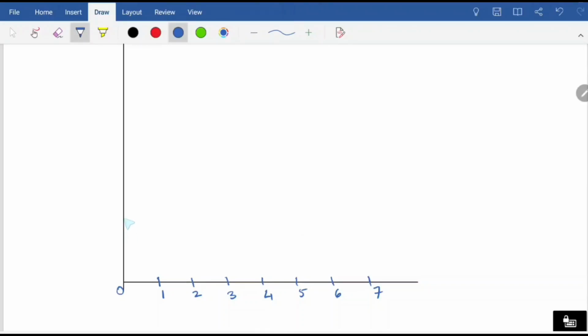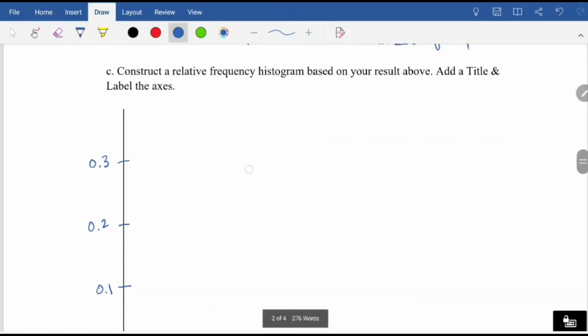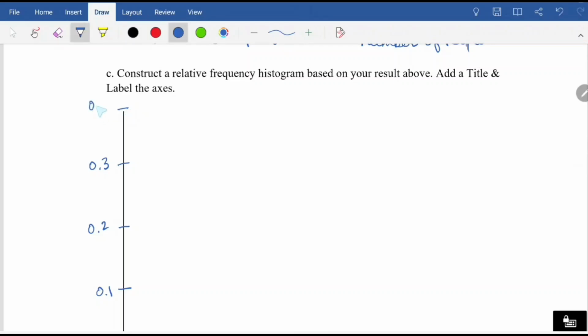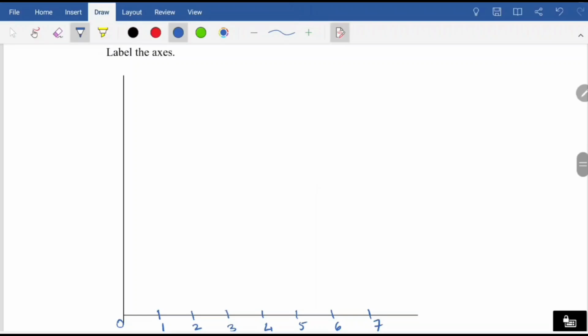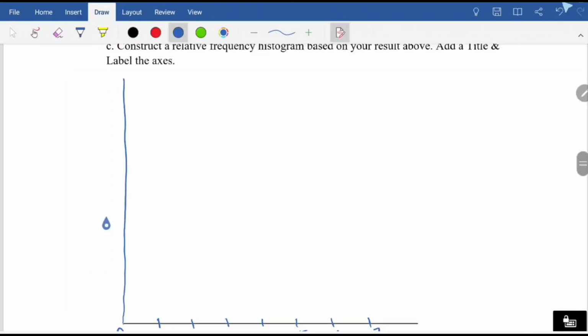So let's make that 0.1, and then 0.2, 0.3, and let's make 0.4 here. Or make it a little bit, you're kind of going outside the y-axis, which is not a good idea. All right, so I'm going to relabel the y-axis. Oops, did I just lose it?